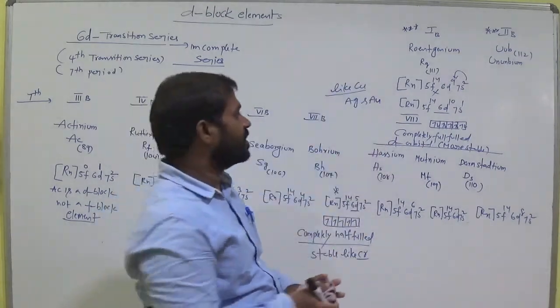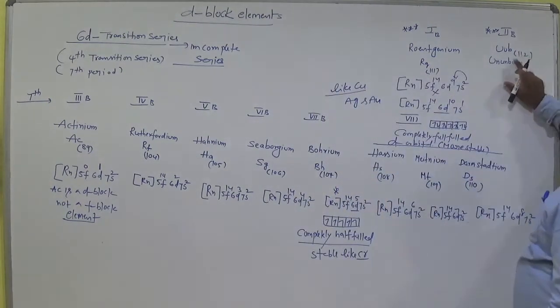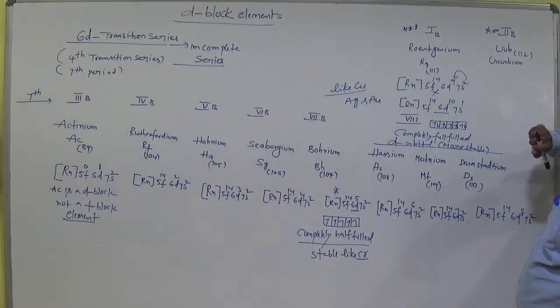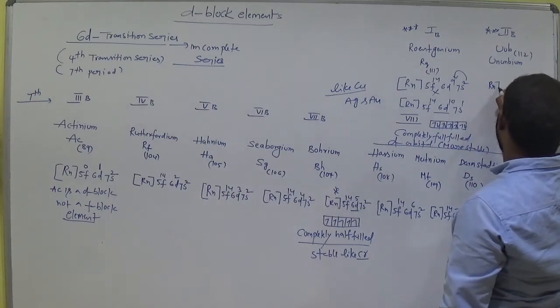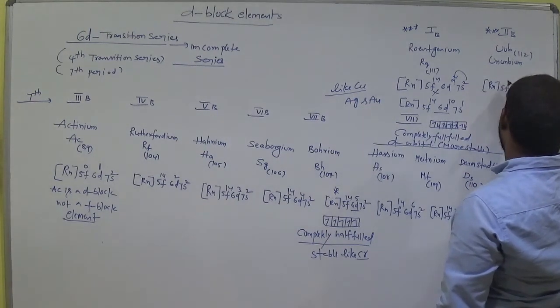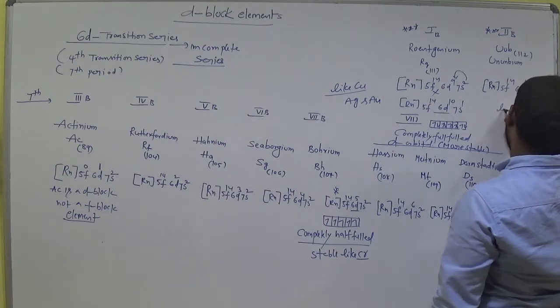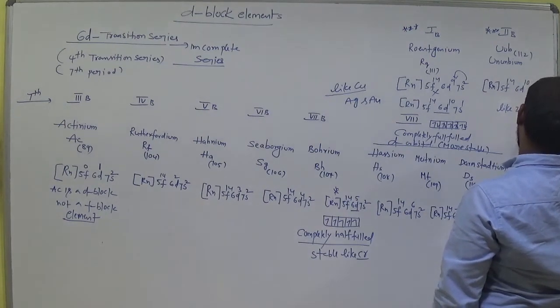And the last one, Ununbium. This is the IUPAC name: un means one, again un means one, bi means two. Ununbium. This electronic configuration is like Rn 5f14 6d10 7s2, like zinc, cadmium and mercury.